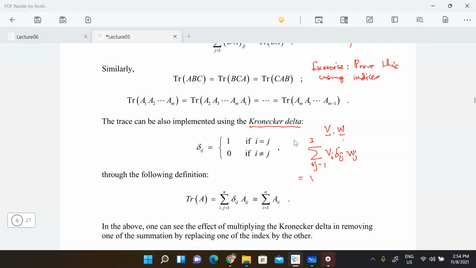So I do Vi delta i, so I need a sum over i after that.